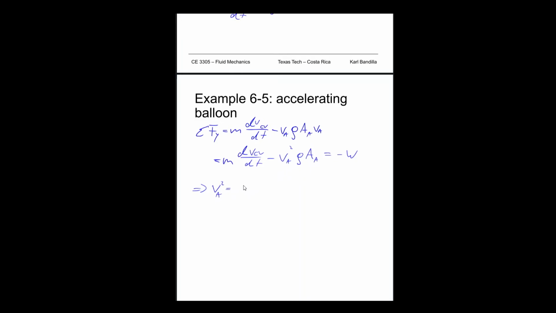So bring that over and that over, would be m times d VCV over dt plus W divided by rho AA, which of course is then VA is equal to the square root of that, m dV CV over dt plus W over rho, and A is of course pi over 4 times dA squared.